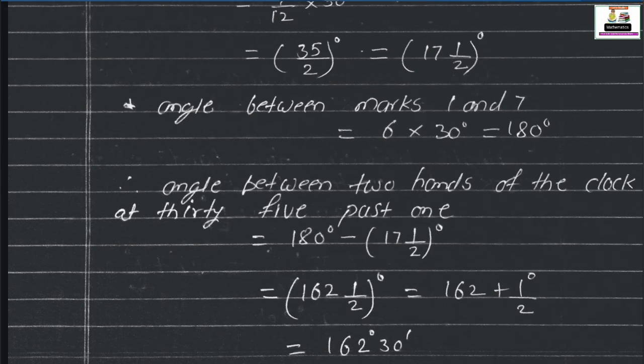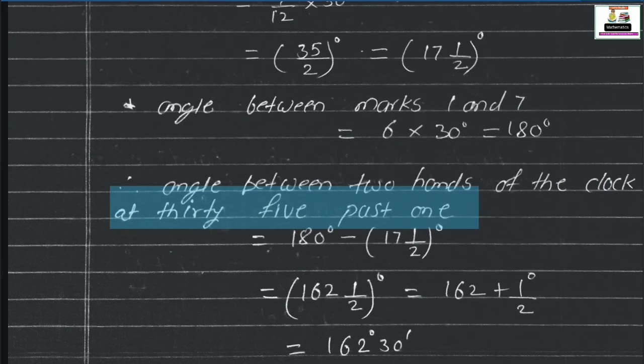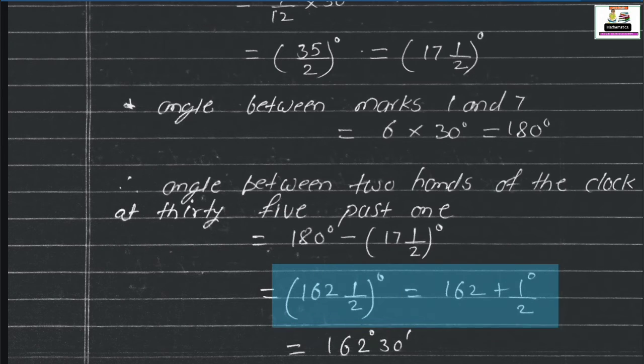Since the angle between the two hands of the clock at 35 past 1 is 180 minus 17.5 degrees, we subtract these two angles. Then we get 162 plus 1/2 degrees.